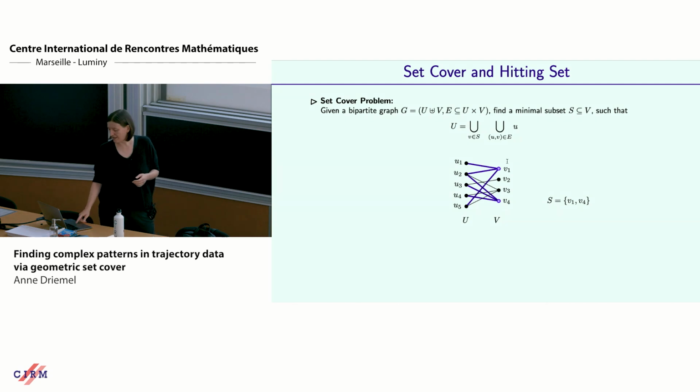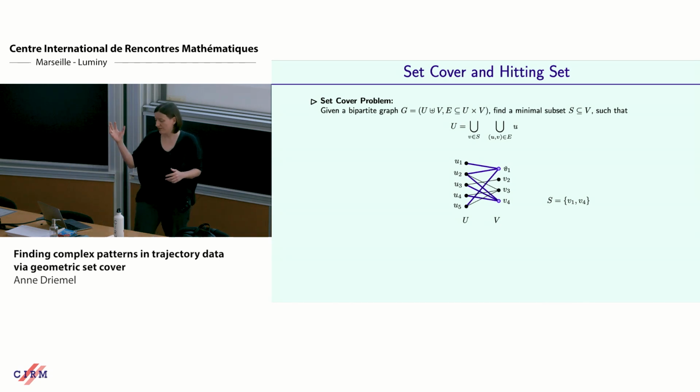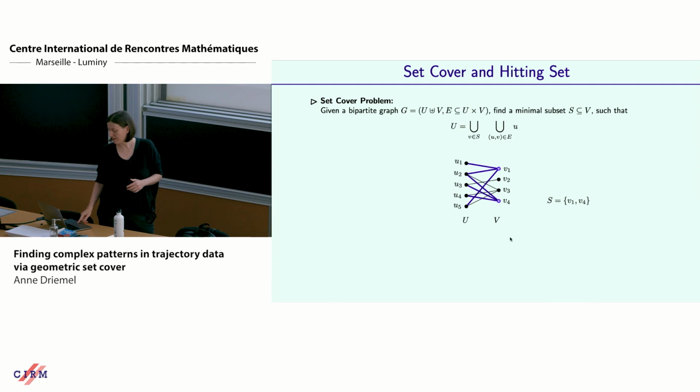Any vertex, v1 for example, defines a subset: if you look at the neighborhood of the vertices that it connects to in the ground set, that's the subset represented by v1. In set cover, we want to find a minimum size subset of V such that with their neighborhoods they cover all of the ground set. Yeah?